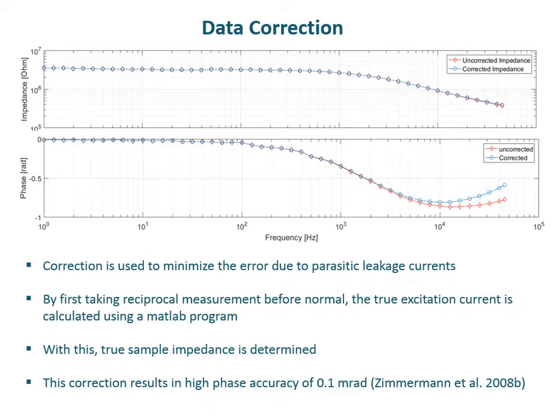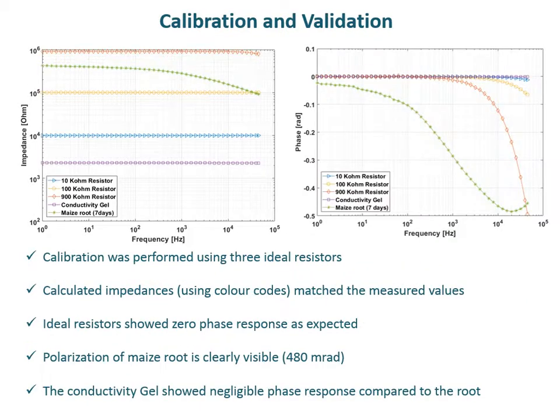That means we use the current electrodes as the potentials and use the potentials as the current. When we do this, it enables us to calculate the true excitation current using a MATLAB program. And then with this, we can determine the true sample impedance. This correction helps us to attain an accuracy of 0.1 millirad.